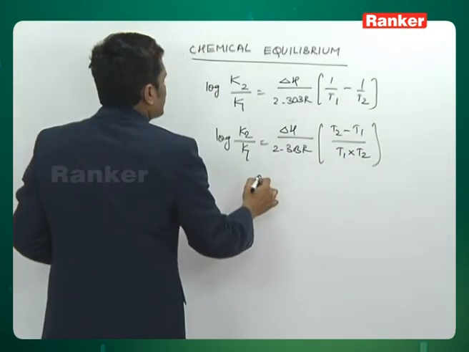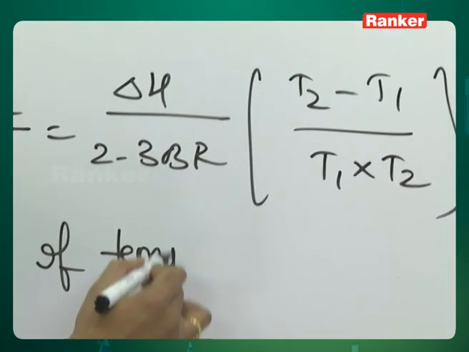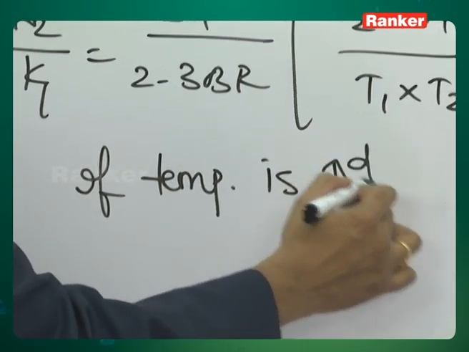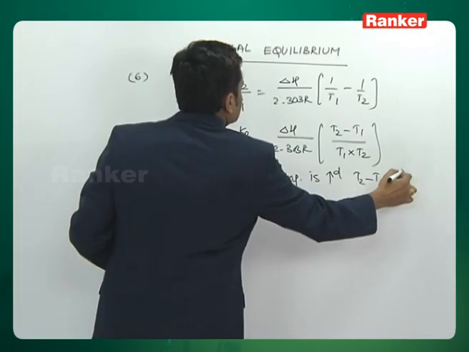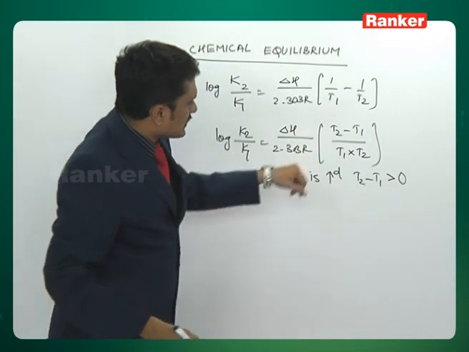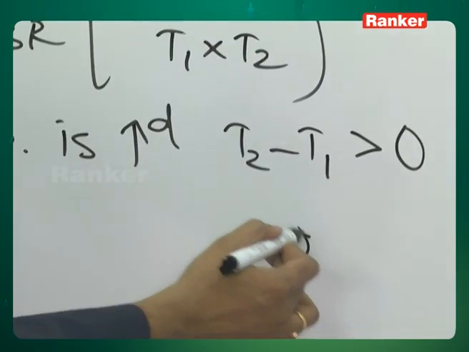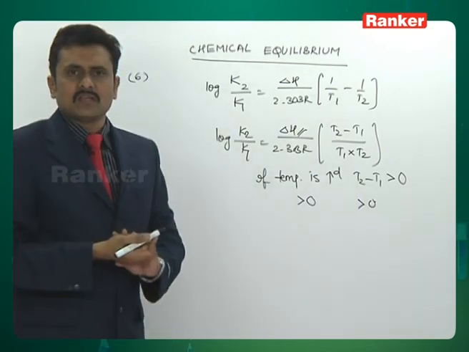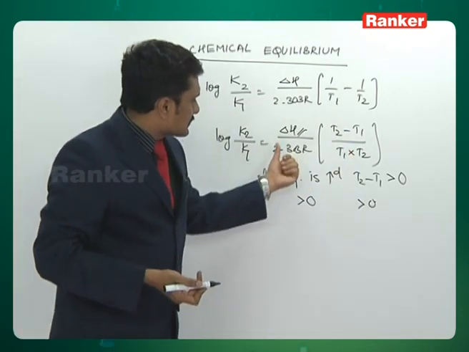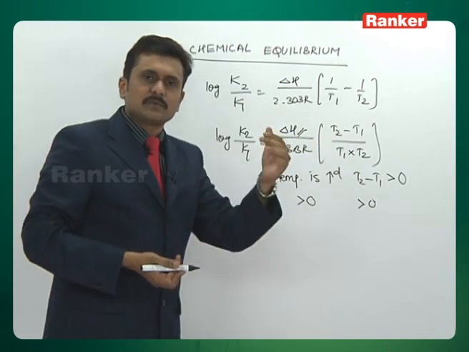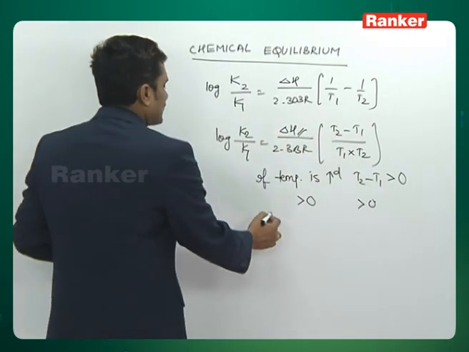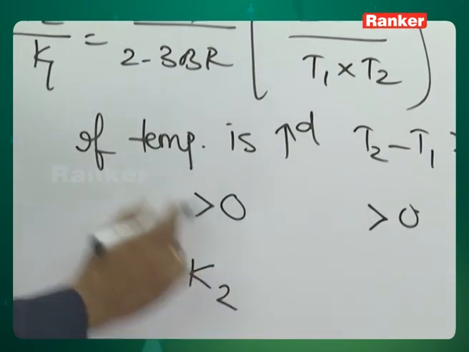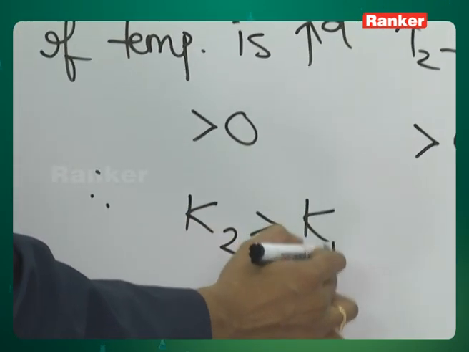So here if temperature is increased, you know that T2 minus T1 is greater than 0. I mean to say this value is positive. Now it is given that this is anyways positive because the reaction is quoted as an endothermic one. So when these two are positive, the product of these two values is going to be another positive value. So therefore finally you say that is achievable only if K2 value is greater than that of K1.